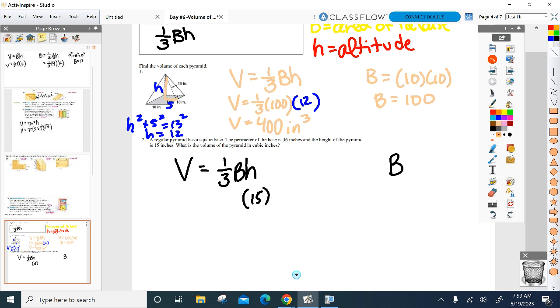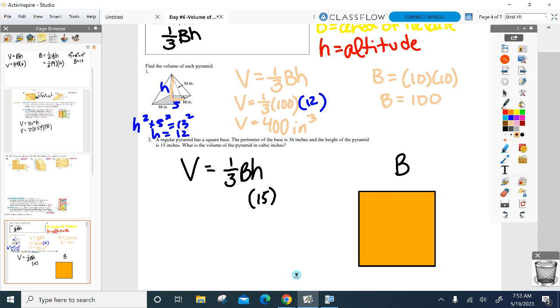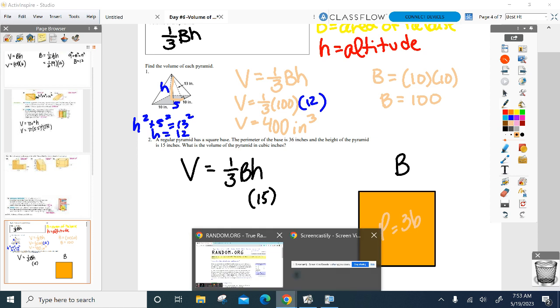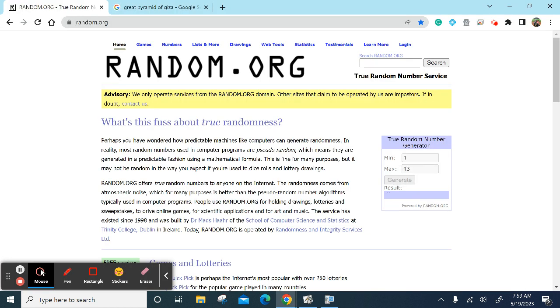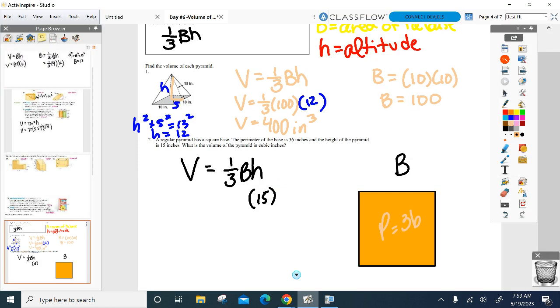Here we go. Square base. Perimeter is 36. So can you get me the side lengths then for me so I can find capital B? The perimeter is 36. All sides are equal. What's each side? 9, yes.